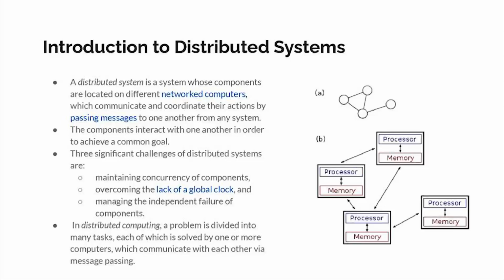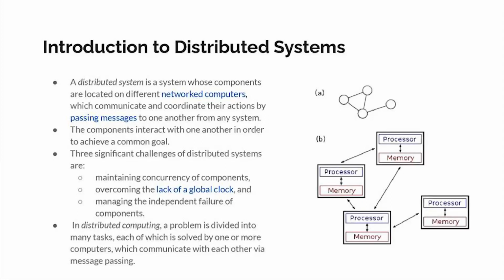Having the same time for all the distributed systems is very difficult, so different systems might take different time to execute the same task, and hence a global clock is not required. The third challenge is managing independent failure of components. If one system fails, there should be a strategy to cover up for the failure automatically.